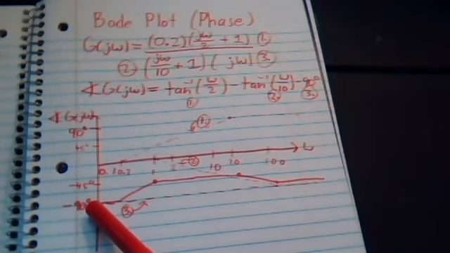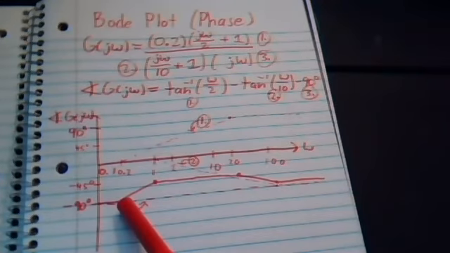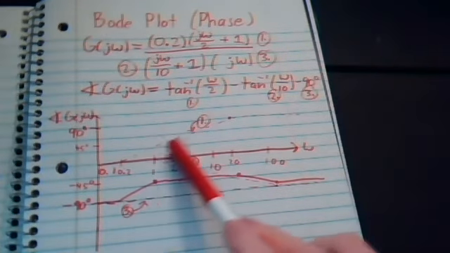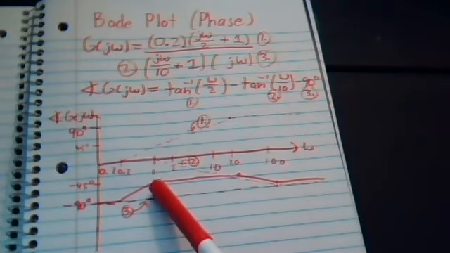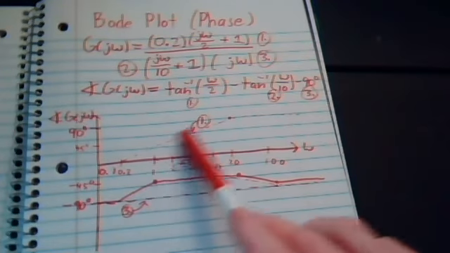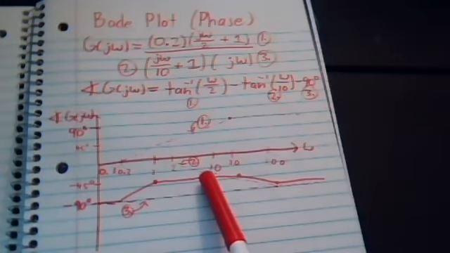So we're starting at negative 90 because that's the only thing that actually hits the y-axis. So negative 90, and then at 0.2 we would start our positive slope from this first component until we hit 1, where this is a negative component. These two have the same slope, so they're going to cancel out. So this will be straight until something changes.